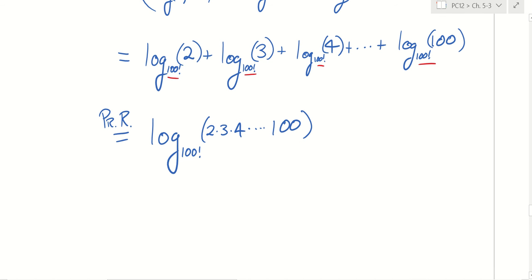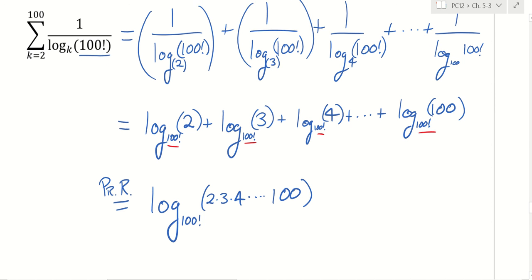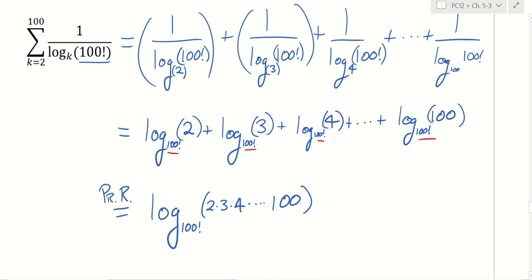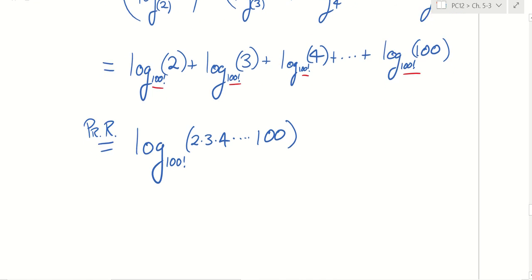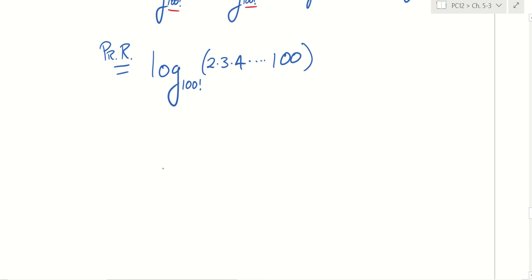So this definitely is simpler so far, right? We went from something like 99 terms to just one term, and it doesn't even have a fractional component, but it still has this enormous base and this enormous input. And it's actually something that we should be doing, comparing the base and the input, because if we look at the input, 100 times, you could say times what would be the next number previous to this 100?